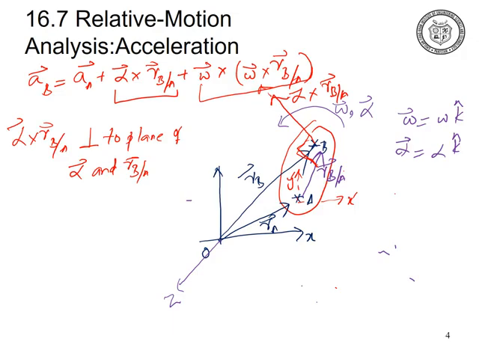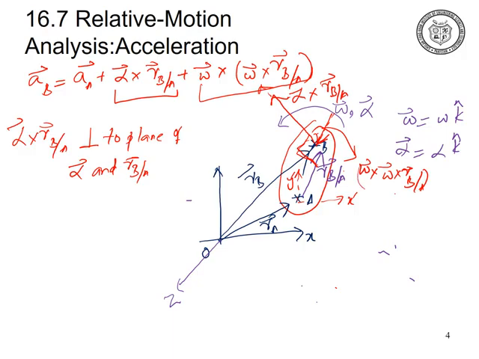When a rigid body rotates about an axis, this will be in the direction of alpha cross RB with respect to A. Now consider that you have an omega vector coming out from the slide at point B. Cross multiply this with omega cross RB with respect to A. The cross product will be in the inward direction, so the inward direction will be the direction of omega cross RB with respect to A.